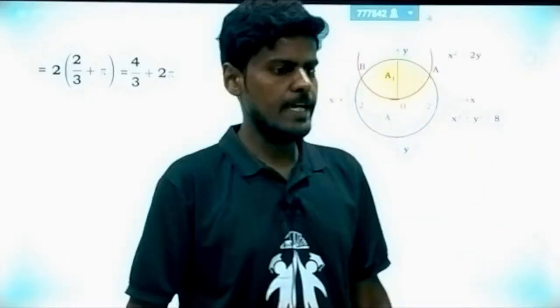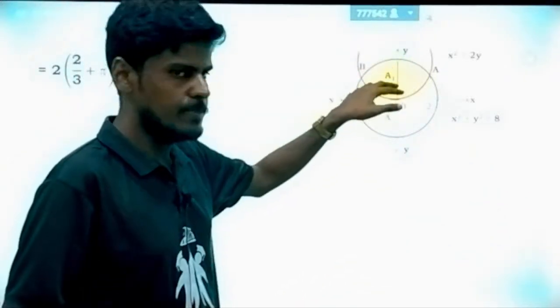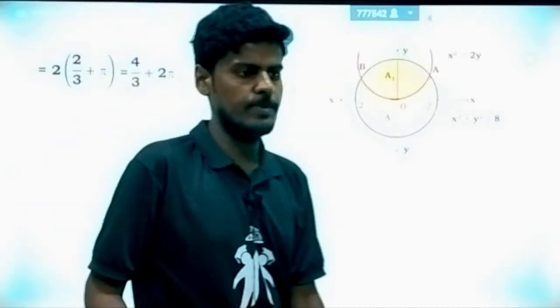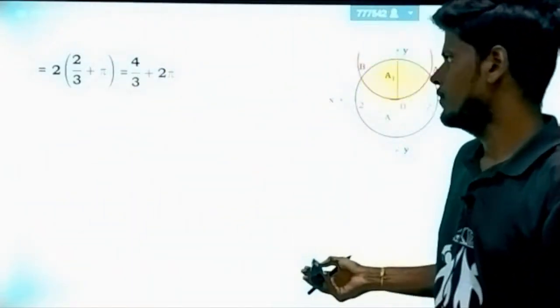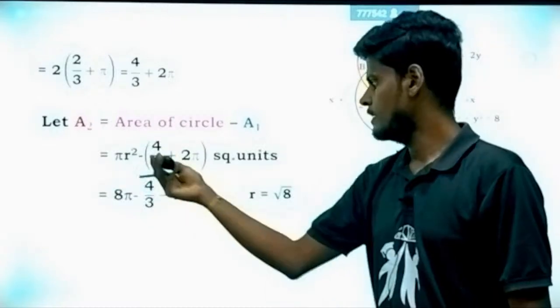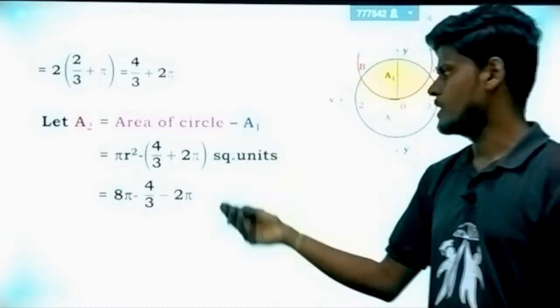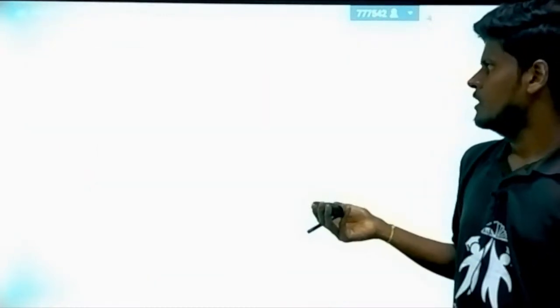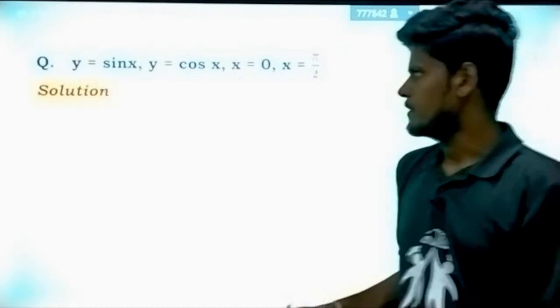Area A2 is given by, again, the total region, area of circle, minus area A1, that will be area A2. Now that is equal to pi r square, which is 8 pi, minus this value A1. So we'll get 6 pi minus 4 by 3. That is about this question.